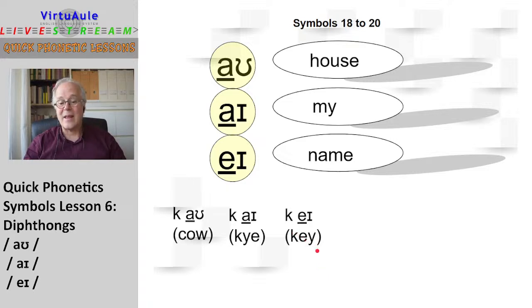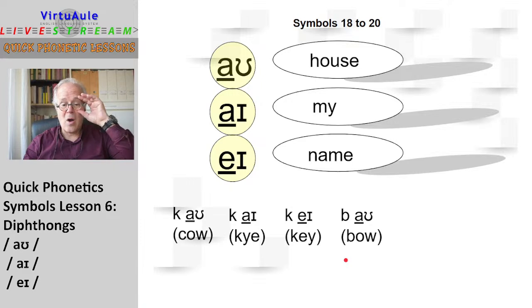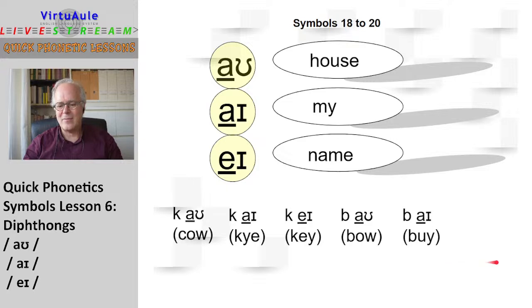It's the letter K. K. Bow. By. Bay. So that's the sound, not key, but K, like the letter K.